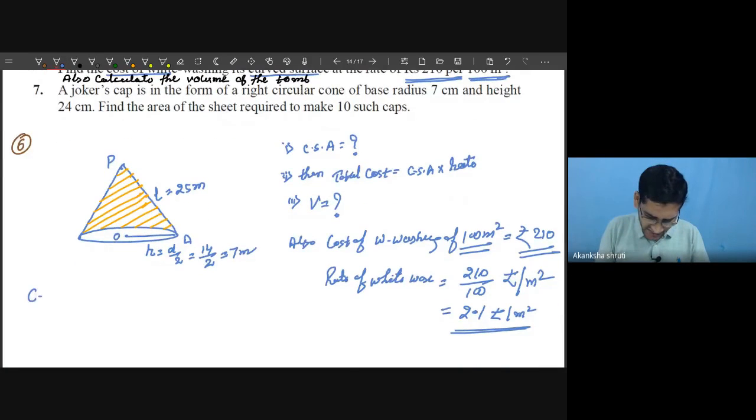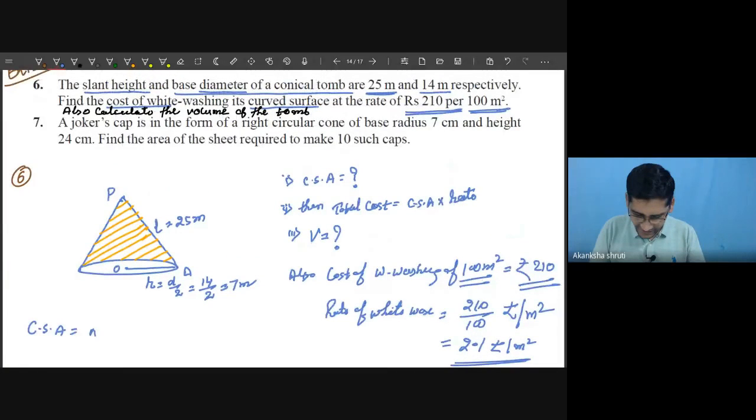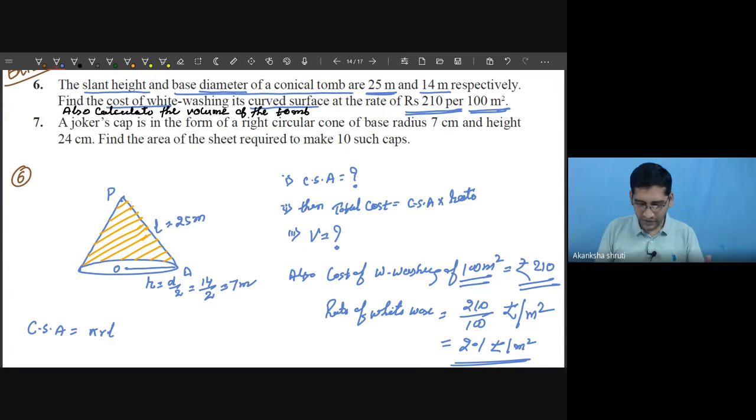Here, CSA, curved surface area. What is the formula for CSA? Very good, pi r l. 22 by 7 into 7 into 25. Here r and l are already given, so there is no need to calculate h for this CSA.